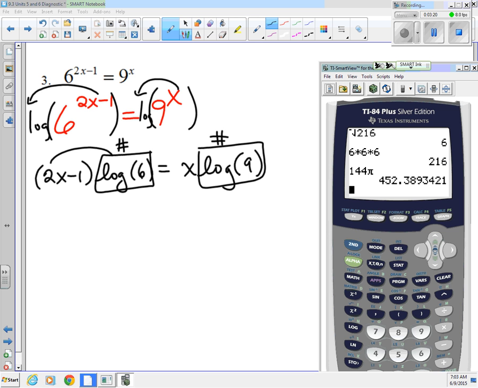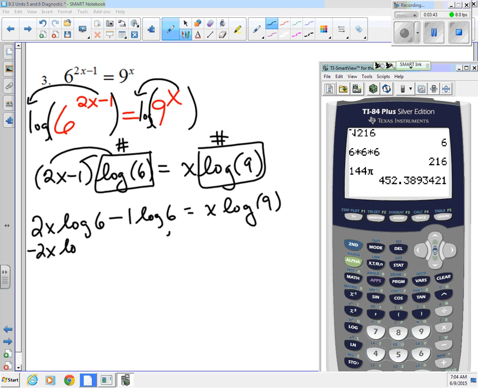I'm going to distribute my log 6. So I'm going to get 2x log 6 minus 1 log 6 equals x log 9. And then I'm going to subtract the 2x log 6 over because I want to get all the x's to one side and all the non-x's to the other. So I'm going to subtract 2x log 6 from both sides.